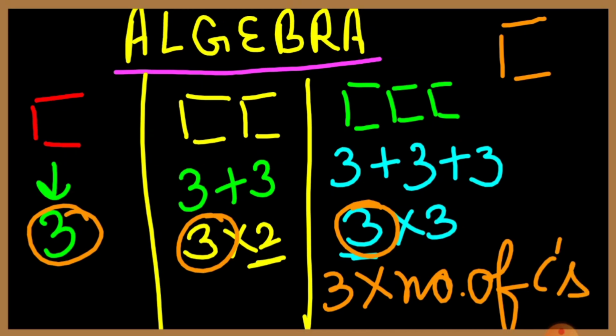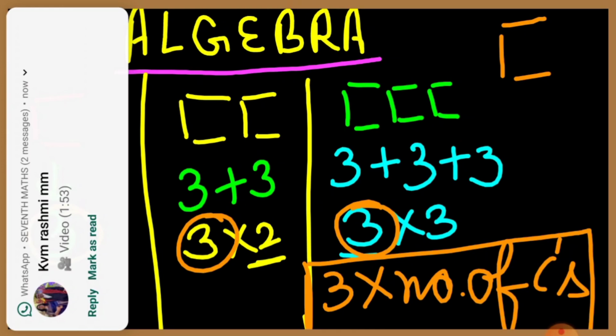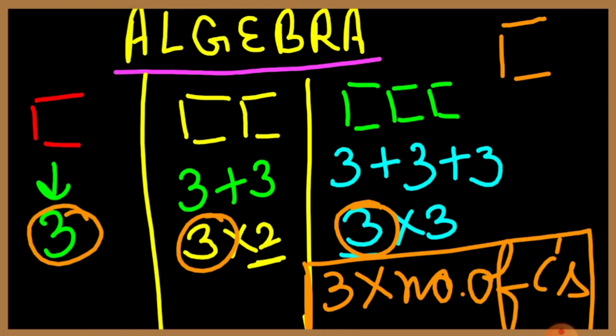So the number of C's in the pattern is a variable here. I can make 1 time C, I can write 2 times C, 3 times, 4 times, 5 times, 6 times, as many times as I want. So you can make a pattern like this also, that the number of matchsticks will be 3 into n, where n is the number of C's. Or you can use any other alphabet also.